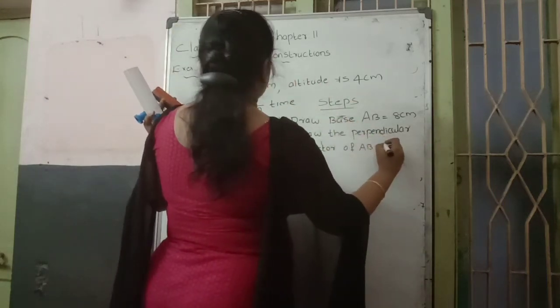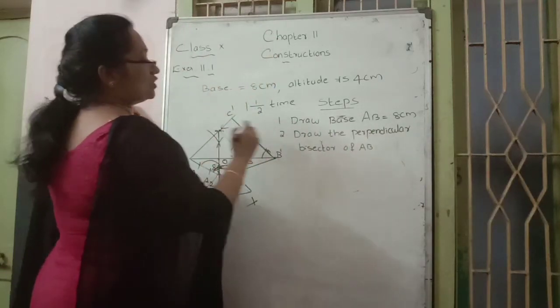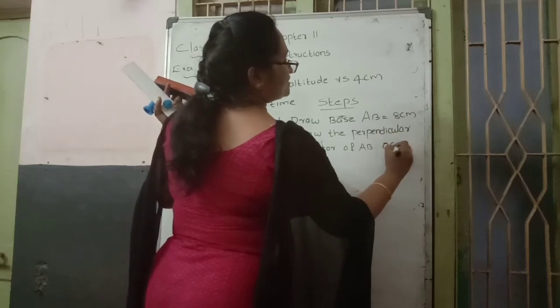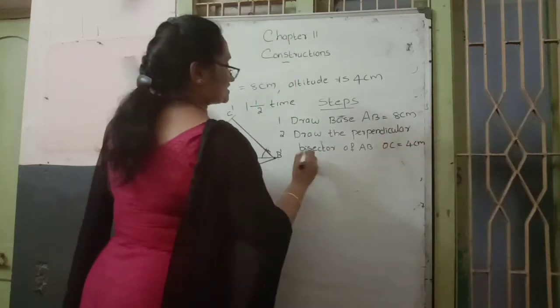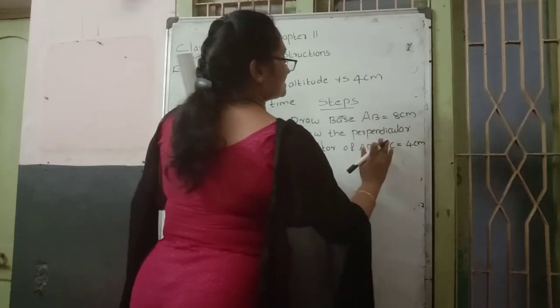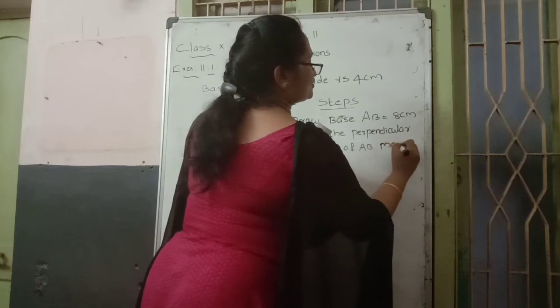Then the next distance is how much? Height is how much? OC is the height. OC is equal to 4 centimeters altitude. Mark OC equal to 4 centimeters.